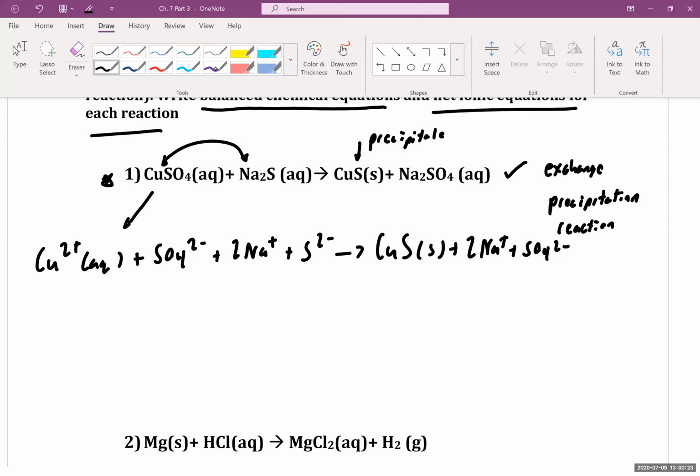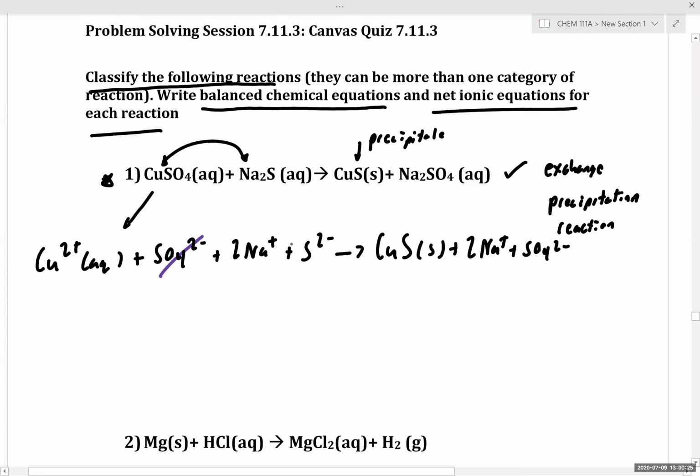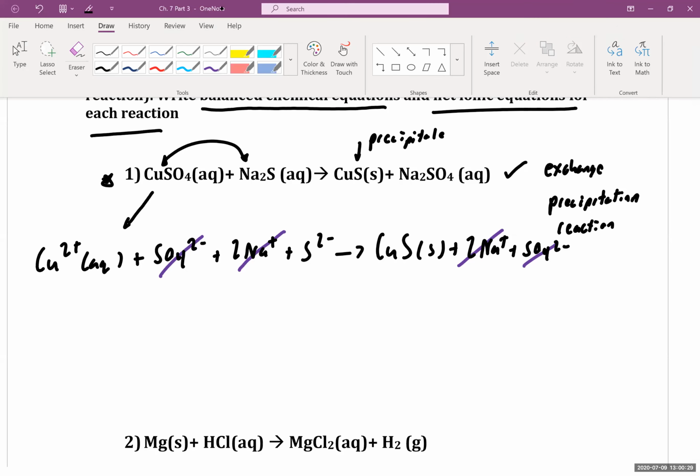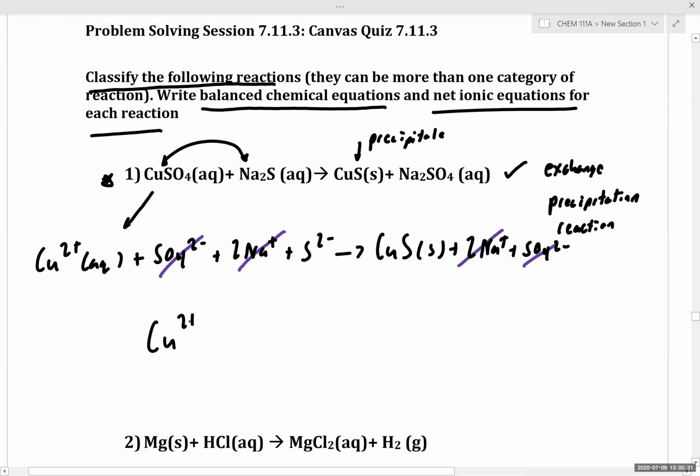Then we cross out our spectator ions. And that in turn gives us the following net ionic equation, which, as we discussed for most precipitation reactions, will just be the combination of ions.